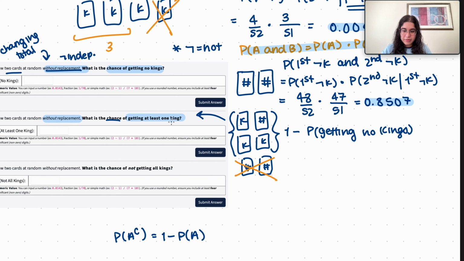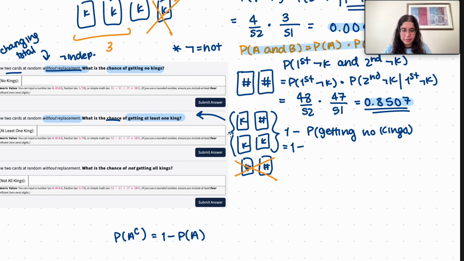The probability of getting at least one king is 1 minus the probability of getting no kings. So over here, I'm going to do 1 minus the probability of getting no kings, which we already calculated in the previous question, 0.8507 right here.